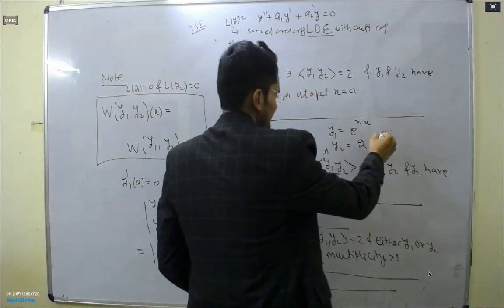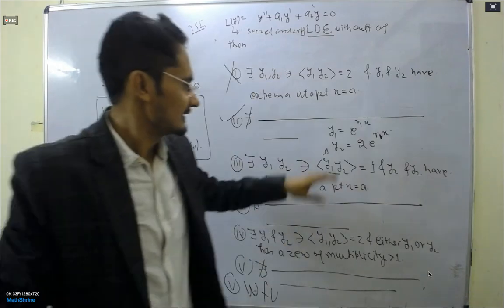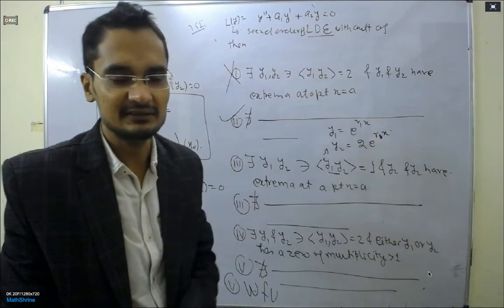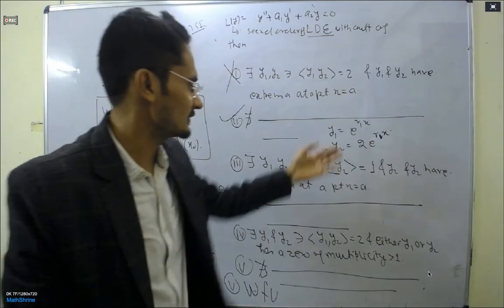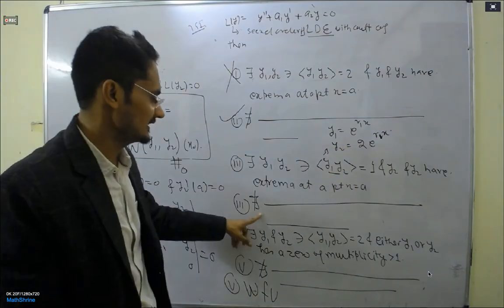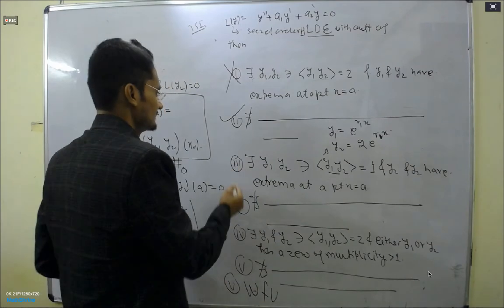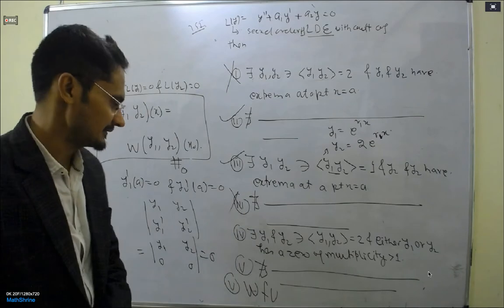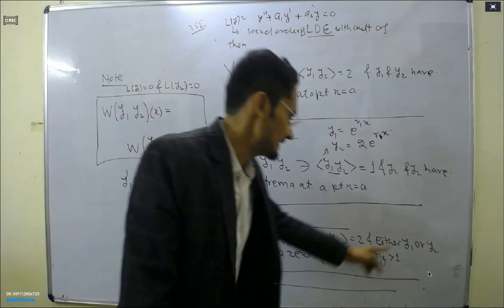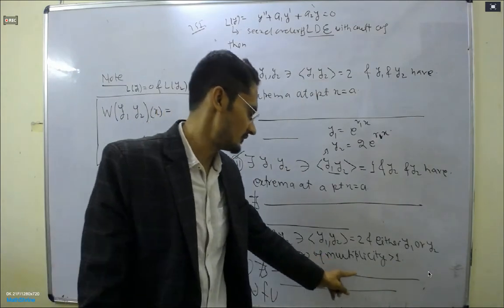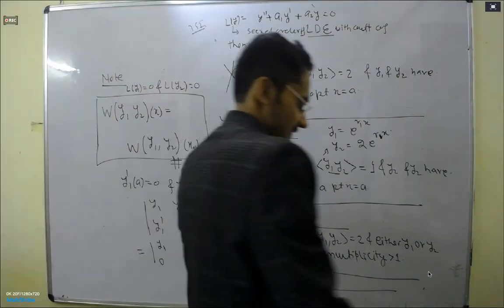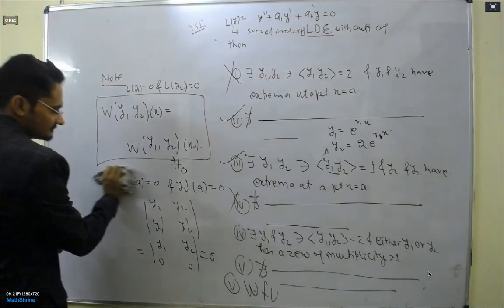Next, the dimension is 2. Either y1 or y2 has a zero of multiplicity greater than 1. So what will be the problem? I am writing here the Wronskian, so this will be y1 at a, y2 at a, y1 dash at a, y2 dash at a. Dimension is 2. It means that y1 and y2 are linearly independent. The linear space generated by y1 and y2 has dimension 2.